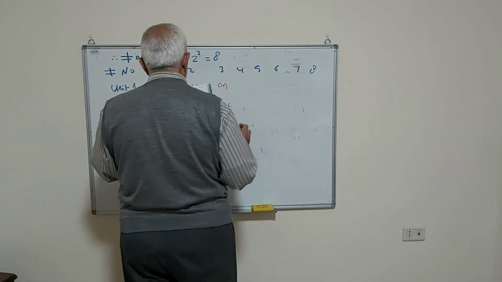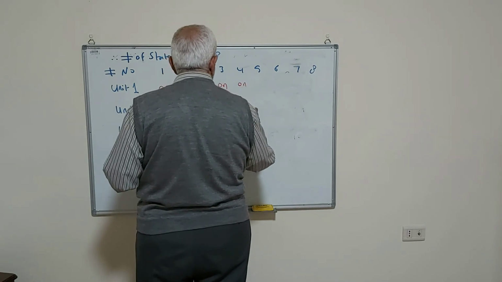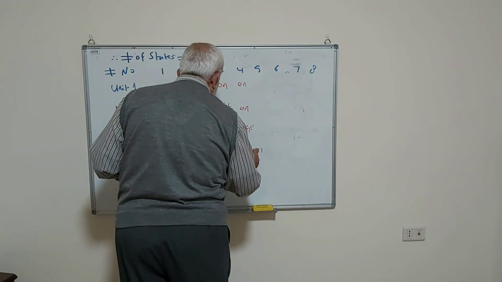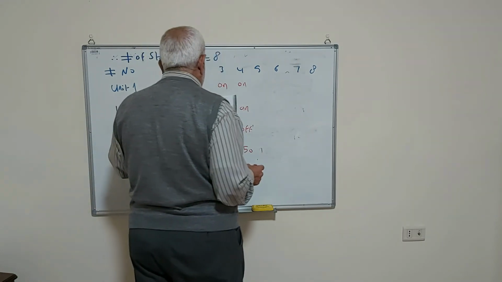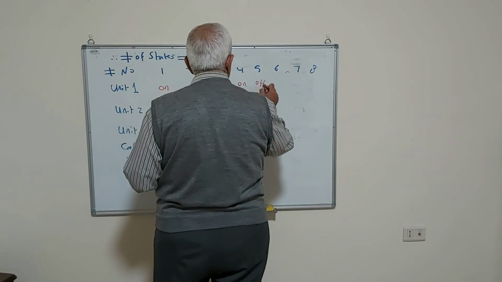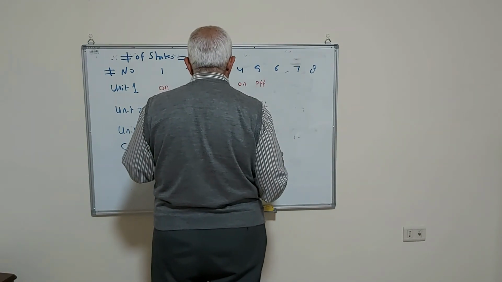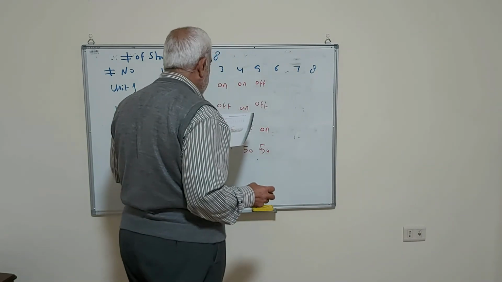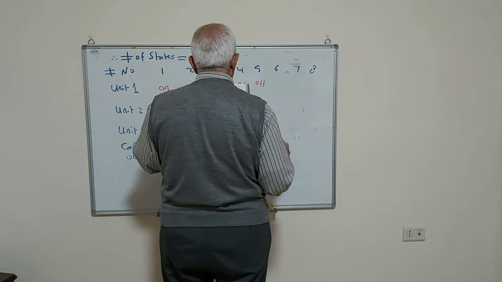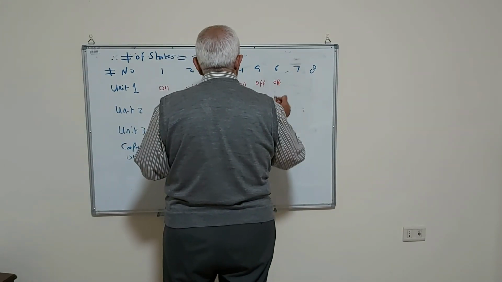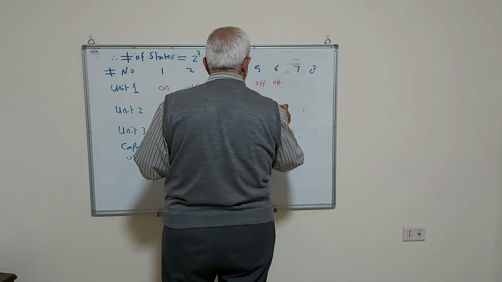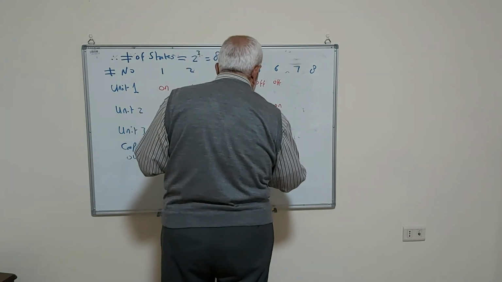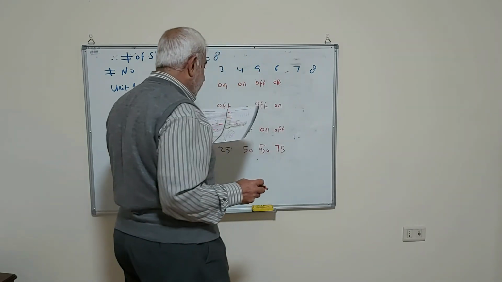For state 4, we have on, on, off. Then we have 50 megawatt out. And for state 5, we have off, off, and here on. Then we have 50 megawatt. And for state 6, we have off, on, off. Then we have 75 megawatt.